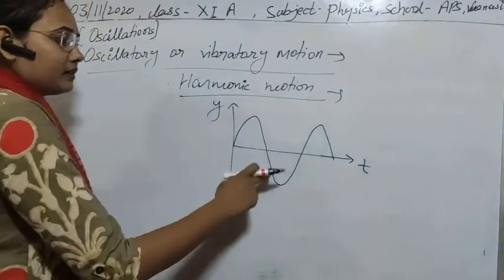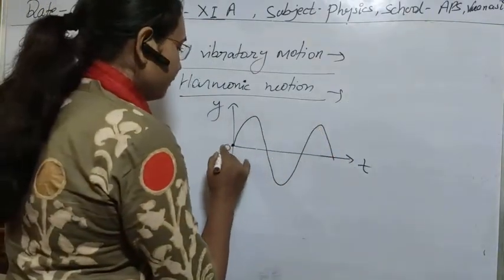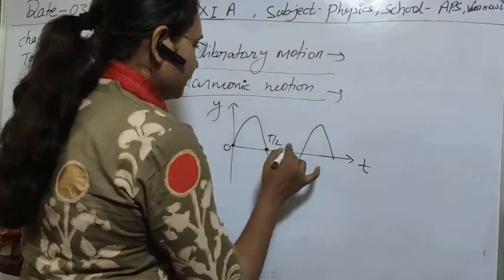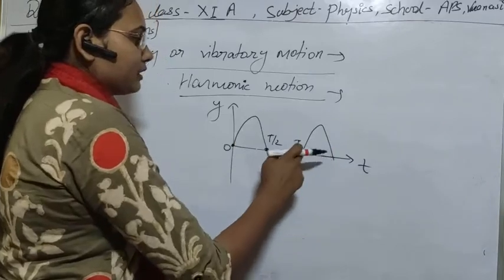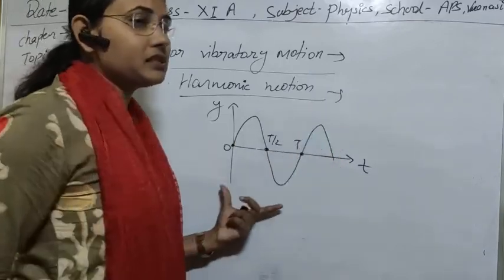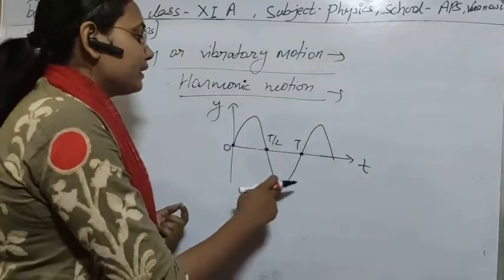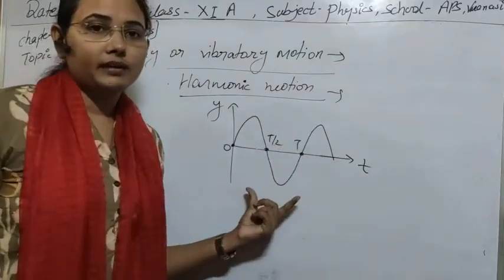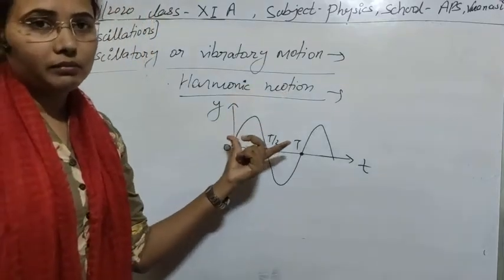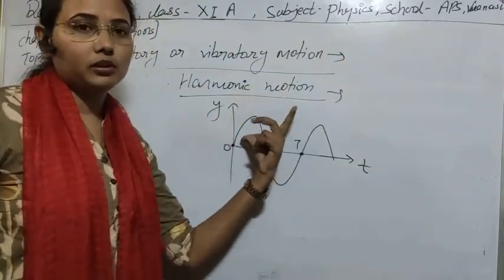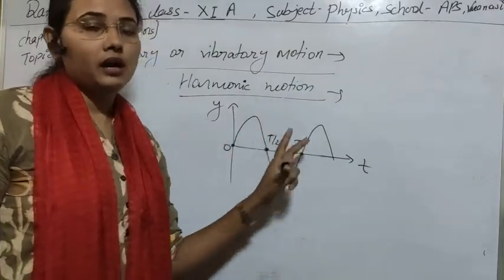Here the time interval is 0, T by 2, T. After a certain interval of time, as you can see, it repeats its path, so it is periodic, and it also contains a trigonometrical function, the sine. That's why it is also known as harmonic motion or harmonic wave. Such motion is harmonic motion, and the waves that perform such motion are harmonic waves.